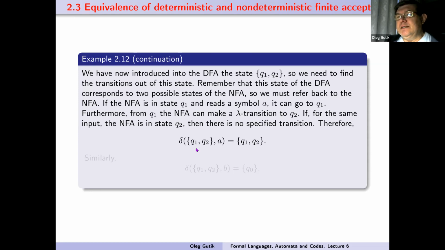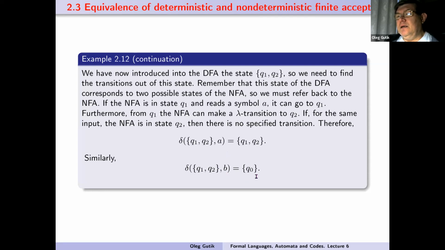Therefore, we get that delta of {Q1, Q2} and letter A is equal to {Q1, Q2} as a single set. Similarly, we get that delta of {Q1, Q2} and B is equal to the set which consists of the state Q0.